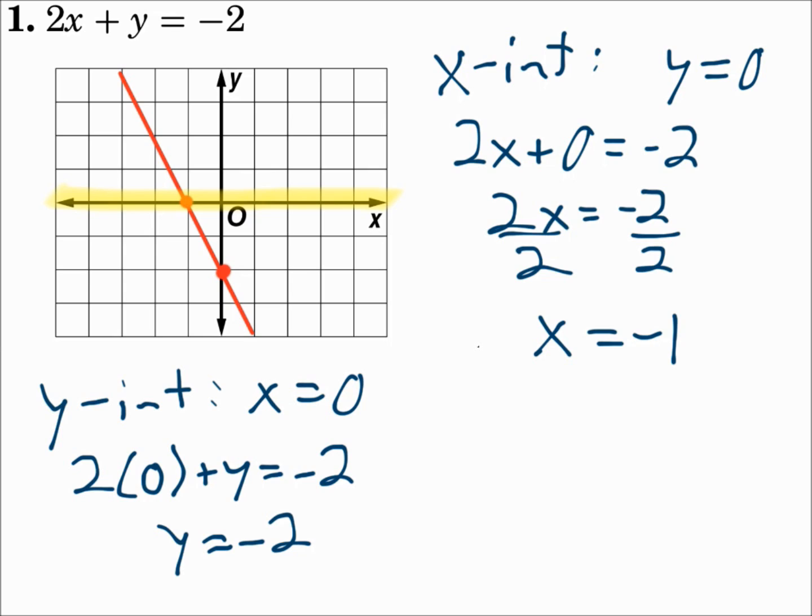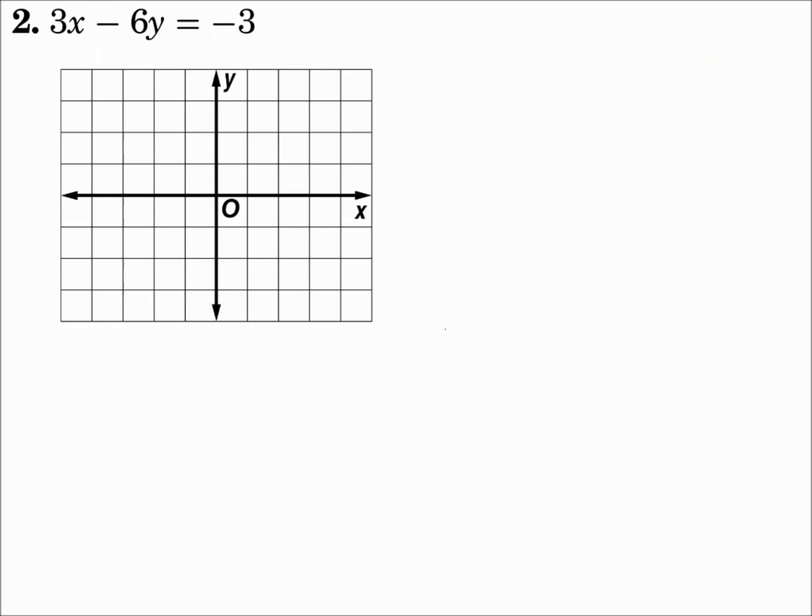Any point on the x-axis didn't go up or down any, so the y-coordinate has to be 0. For the y-intercept, that's on the y-axis, and you don't go left or right any on the y-intercept. And that's why x equals 0. That's why that works. It just makes sense.